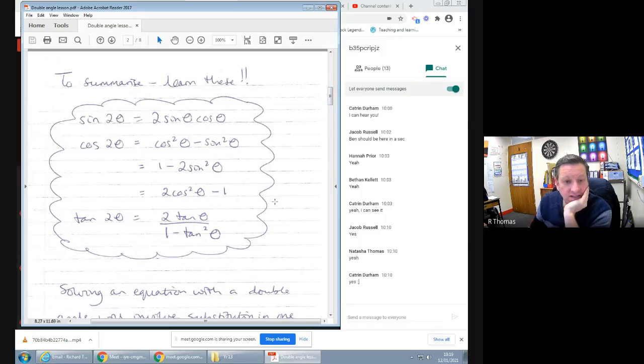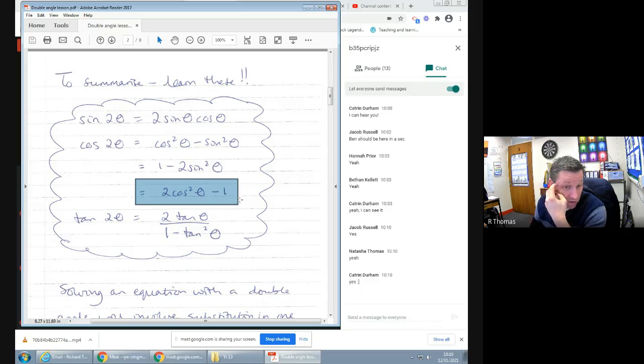So there's the identities. Obviously, I'm going to suggest you use this one here. So replace that cos 2 theta with 2 cos squared theta minus 1. I'll go back to the question and read it out again.